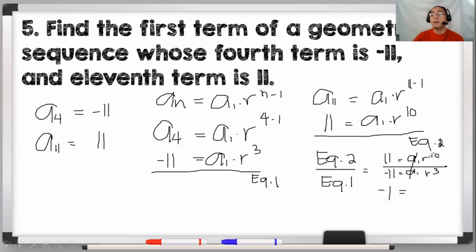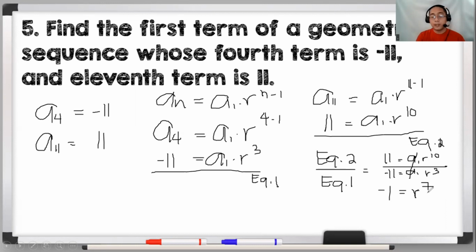Then the rule in dividing exponents with the same base is to subtract the exponents. So 10 minus 3 results to 7. So we now have r raised to the power of 7.